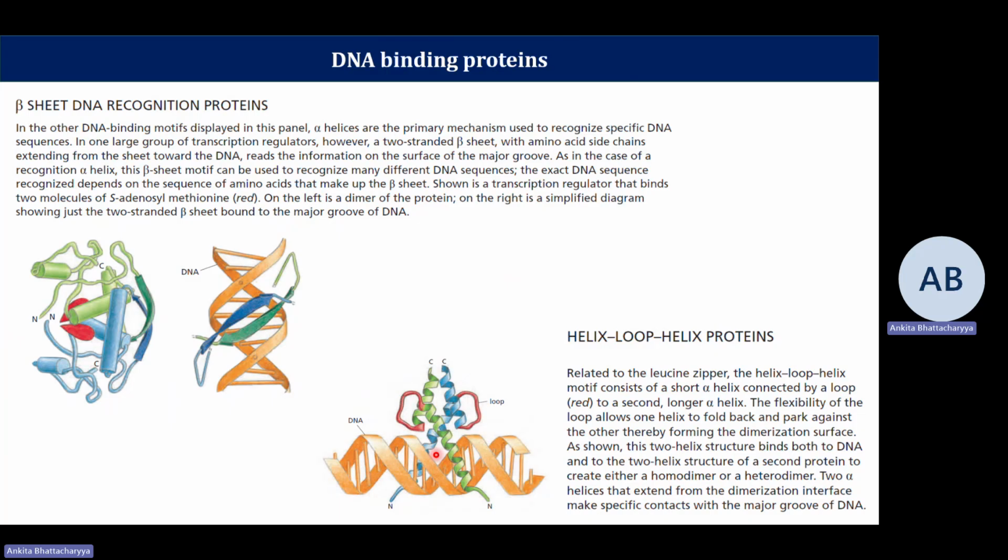Similar to the recognition alpha helix, like we saw, the beta sheet motif can also recognize many different DNA sequences, and which one it will recognize depends on which amino acids are present on the beta sheet. For example, if you see here, the transcriptional regulator shown here is able to bind two molecules of S-adenosyl methionine or SAM, which is a universal methyl donor.